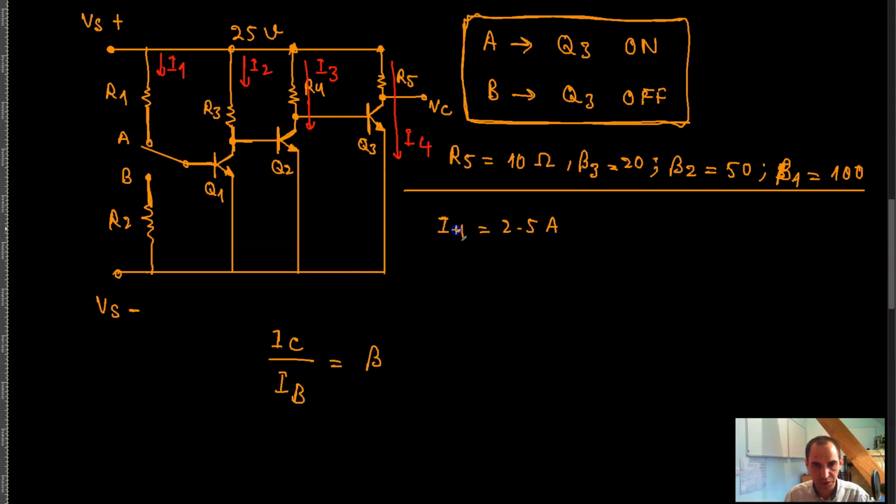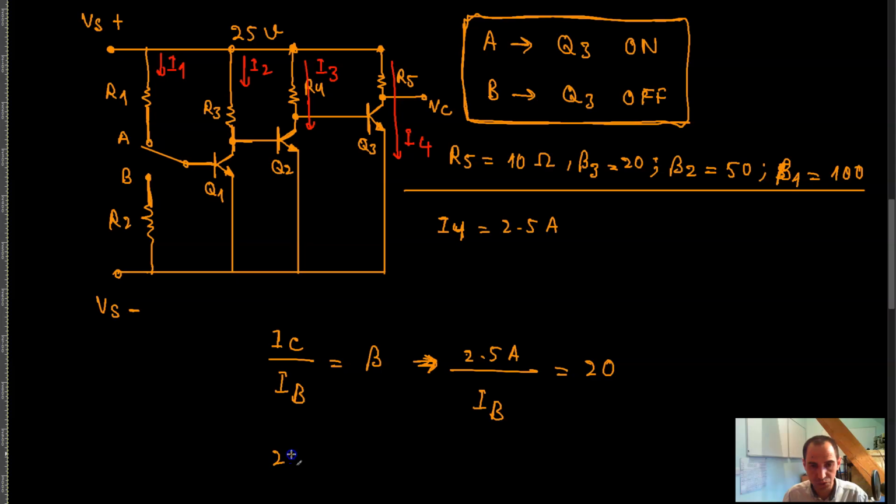And I of C over here is this collector current, which is supposed to be 2.5 amps. So 2.5 amps to I of B is supposed to be equal to the beta of this transistor, which is 20, right?